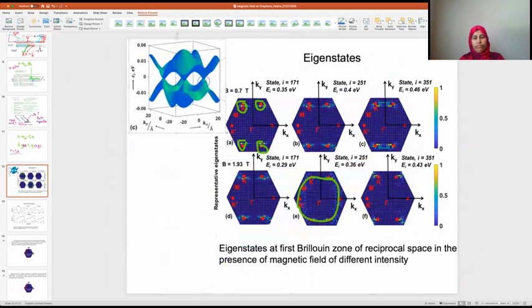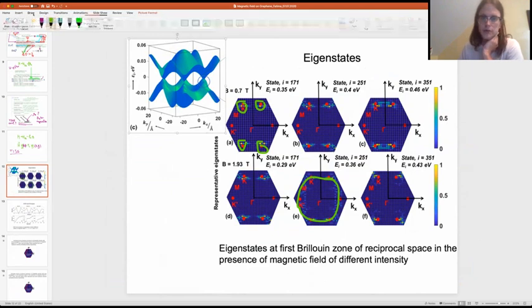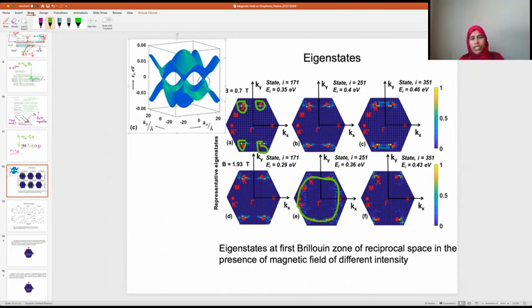So in the conduction band, if you just considered the lowest point of the cone, how would those states be distributed? Yes, in momentum space. If the state number is 1, that would be the lowest one. But here, if you look at the top row, the first one is state 171.